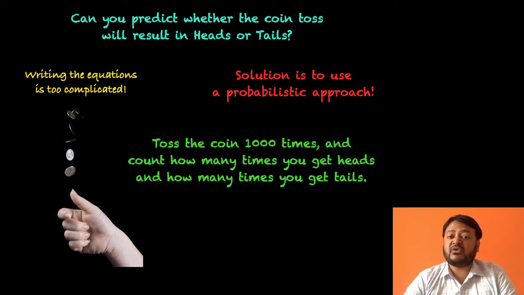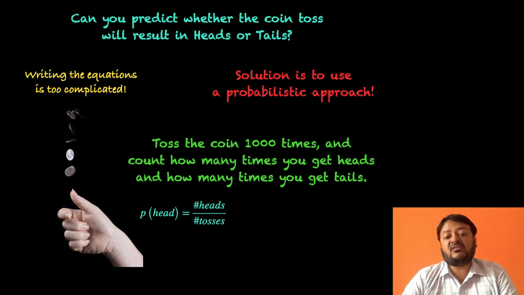So essentially you toss the coin, let's say for example 1000 times, and you count how many times you get heads and how many times you get tails. So instead of saying whether I will get a head or a tail at every coin toss, what I ask is, what is the probability of getting a head when I toss a coin once? And that is simply given by this ratio, number of heads by number of tosses.